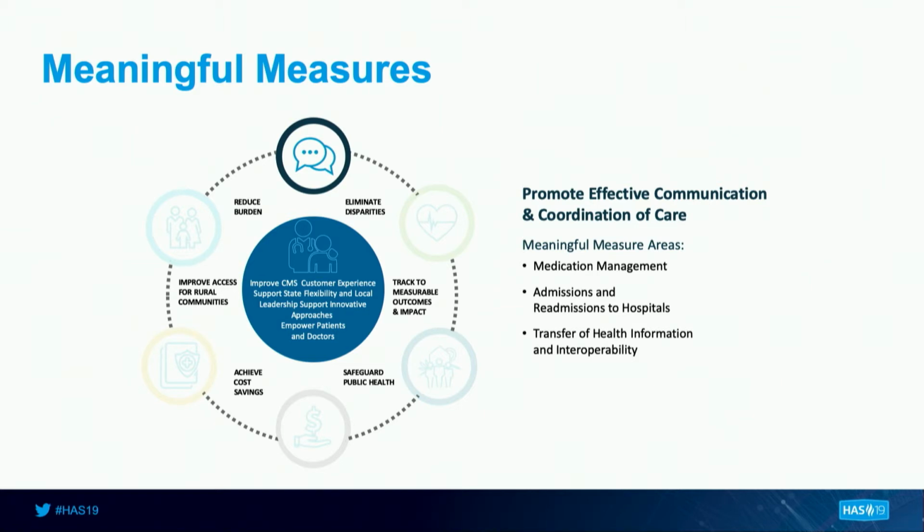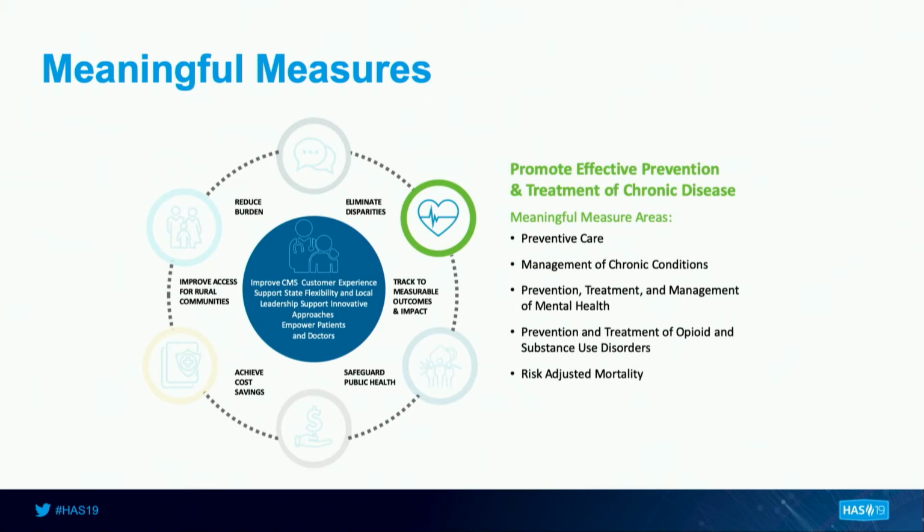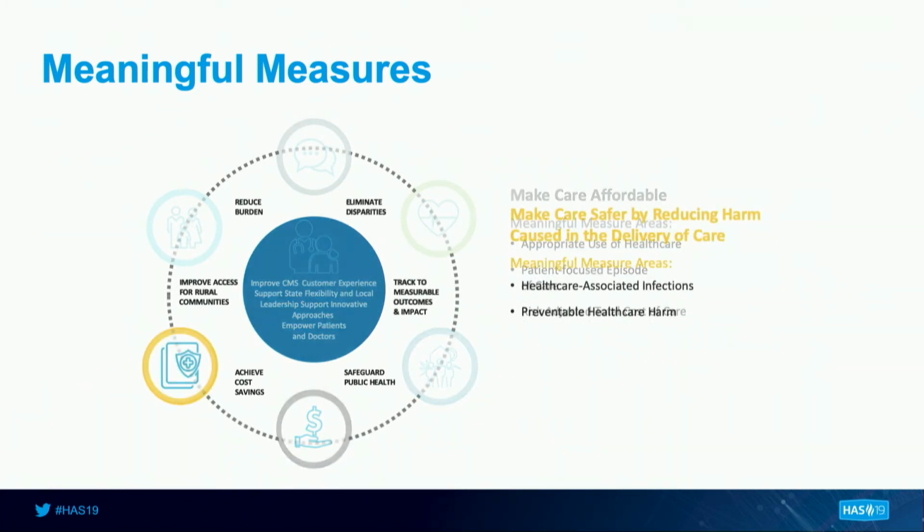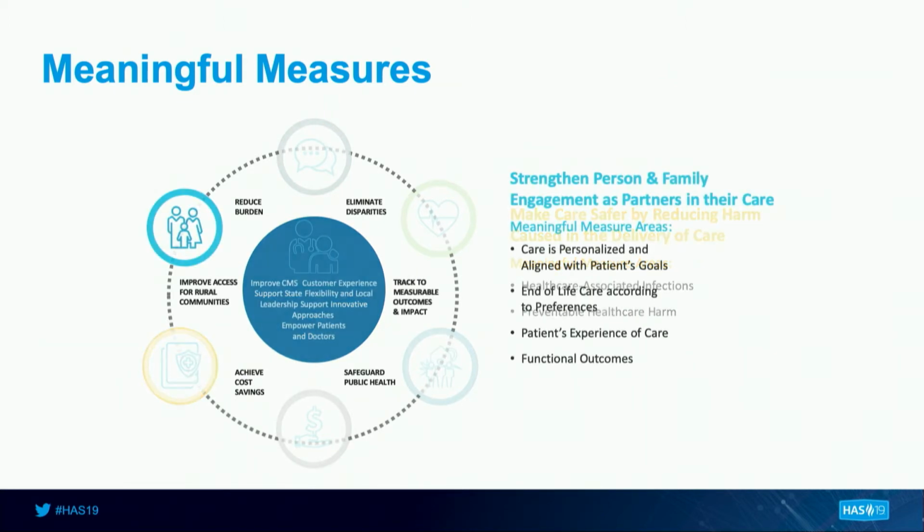Then we have our healthcare priorities, which is what you see in the bold, like promote effective prevention and treatment of chronic disease, work with communities to promote best practices, make care affordable, make care safer, strengthen person and family engagement, et cetera. The idea is that, say, for strengthen person and family engagement in their care, we make sure that we have measures under each of these categories.